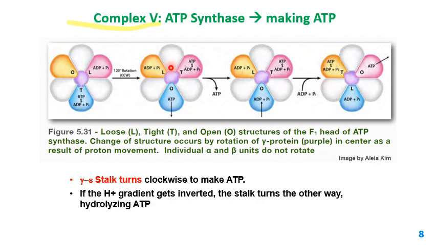So going clockwise, you are synthesizing ATP, but if your proton gradient is shifted and now you have more protons in the matrix instead of the intermembrane space, then the flow of the protons can go backwards, and then this thing could turn the other way, which means you would be hydrolyzing ATP instead of making it. Okay, so this is a very, very clever nano machine that is based on physical properties in order to allow this enzymatic reaction to take place.